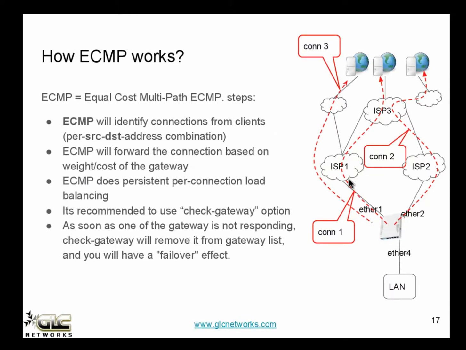So the first connection goes to the middle website, and then connection 2 goes via ISP2 and lands at the right web server, and connection 3 goes to ISP1. So it's load balancing: connection 1, connection 2, connection 3, connection 4, connection 5, 6, and so on.